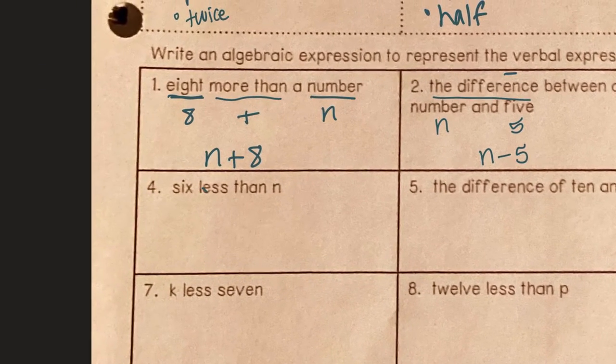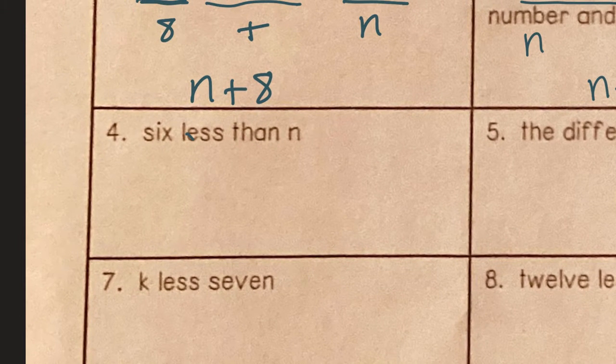Now, looking at number 4, 6 less than n. Again, we know less than is subtraction. Now, our order does matter, because this is saying that 6 is less than n, our variable. So n has to come first, because the 6 is less than that n there.